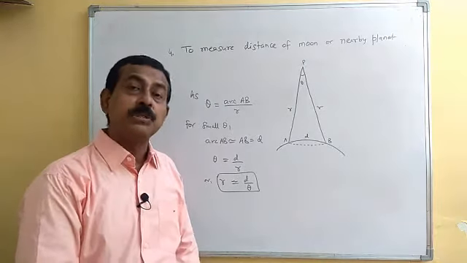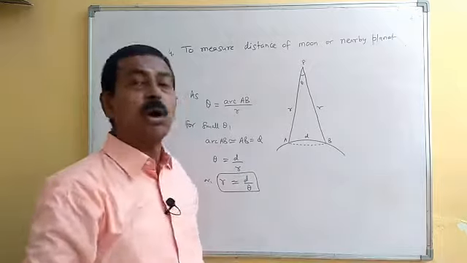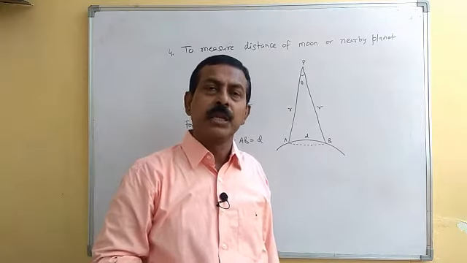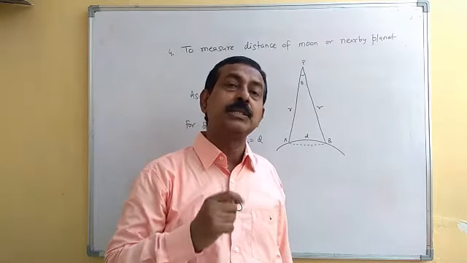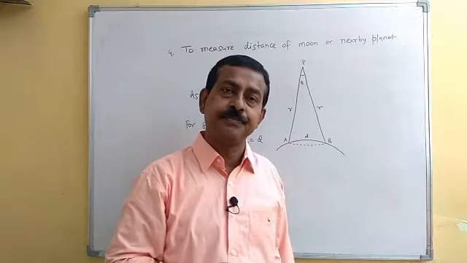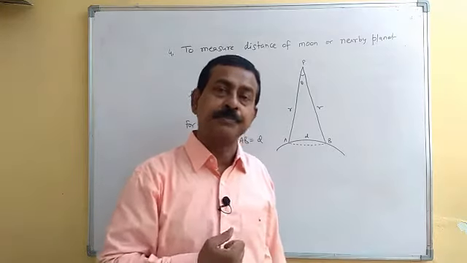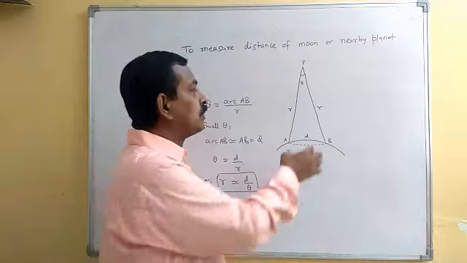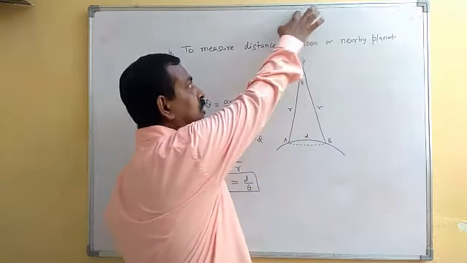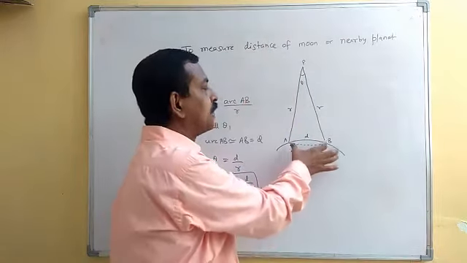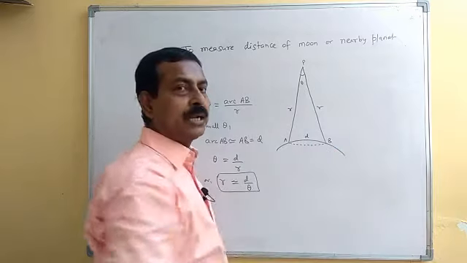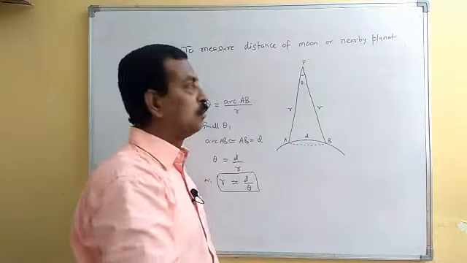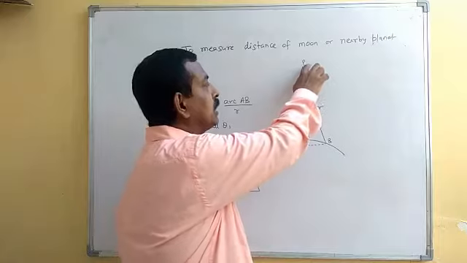But suppose instead of the moon or a nearby planet, you want to measure the distance of a star or a far off star. For that, if you take a distant star, it will be subtending an angle at the points A and B which will be small, because if the point P is here, the angle is suppose theta.